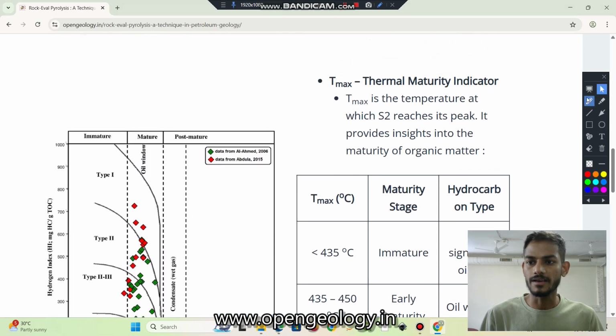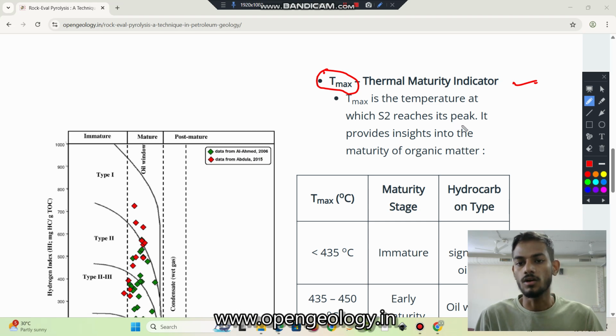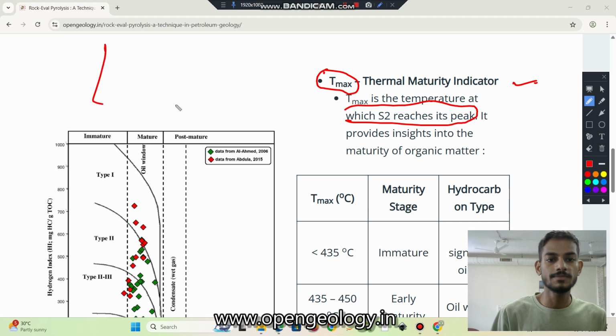Then you have the Tmax, that is maximum temperature. It indicates the thermal maturity. Now HI, hydrogen index, and oxygen index measure the type of kerogen, and Tmax is the maturity indicator. And what is Tmax? Tmax is the S2 peak. So there are three peaks.